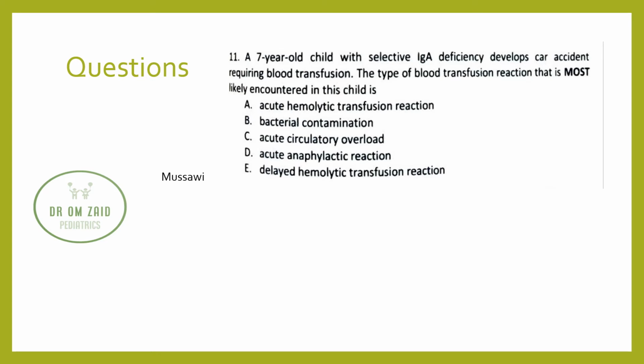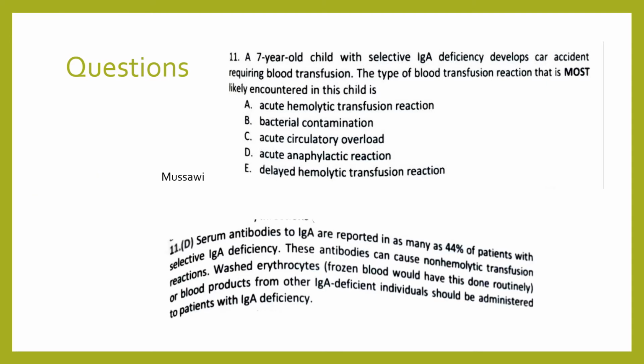A 7-year-old child with selective IgA deficiency has a car accident requiring blood transfusion. The type of blood transfusion reaction that is most likely encountered in this child is? The correct answer is D, acute anaphylactic reaction.